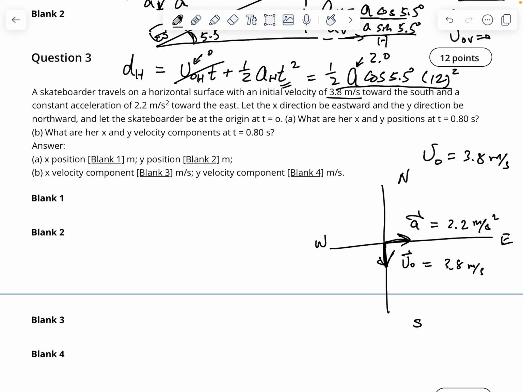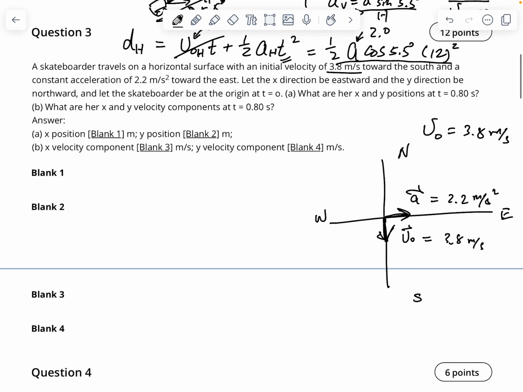Let the x direction be the eastward and the y direction be the northward. Okay, so this is y, this is x. And let the skateboarder be at the origin when time equals 0. What are her x and y position at t equal to 0.8 seconds?